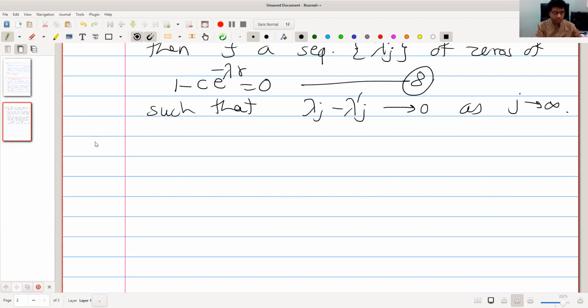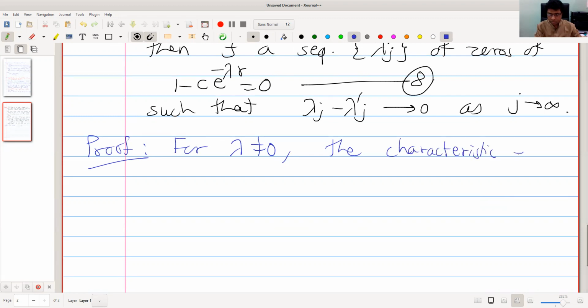Proof. For lambda non-zero, the characteristic equation can be written in another form.